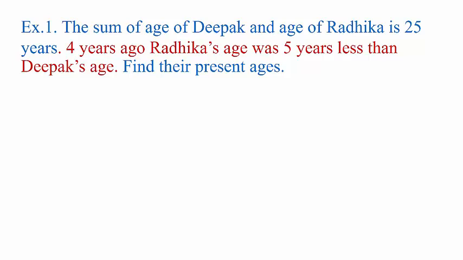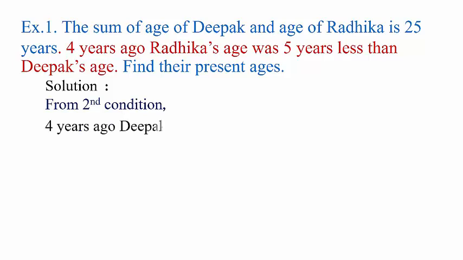Then there is the second condition from this example. 4 years ago, Radhika's age was 5 years less than Deepak's age. So from the second condition, today's age of Deepak is x years, so 4 years ago the age of Deepak is x minus 4 years.